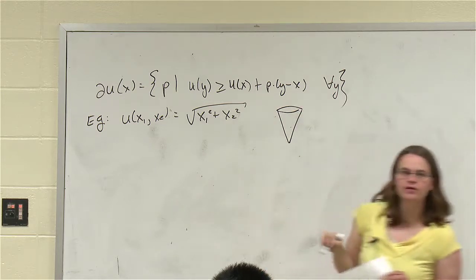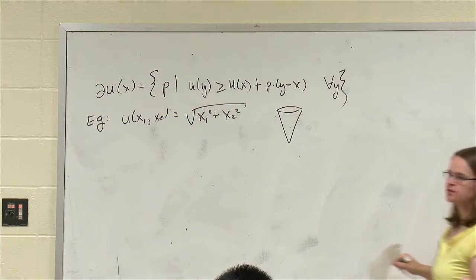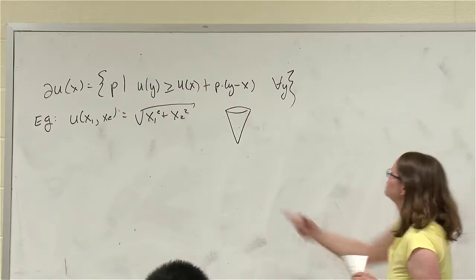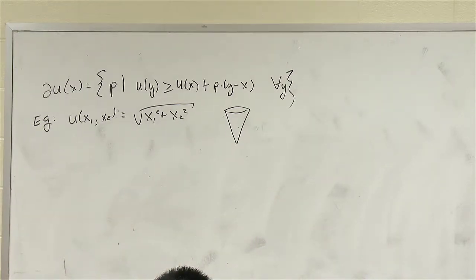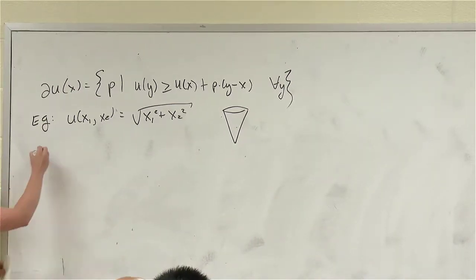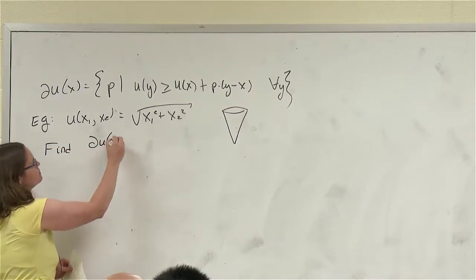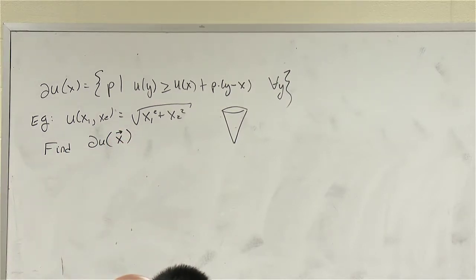Almost everywhere it's differentiable. Remember, when something is differentiable, the subgradient is just single valued and matches the actual gradient. But obviously, at this point here, we don't have a gradient. So can we compute the subgradient? Let's try to find the subgradient of u, in particular, at the origin.